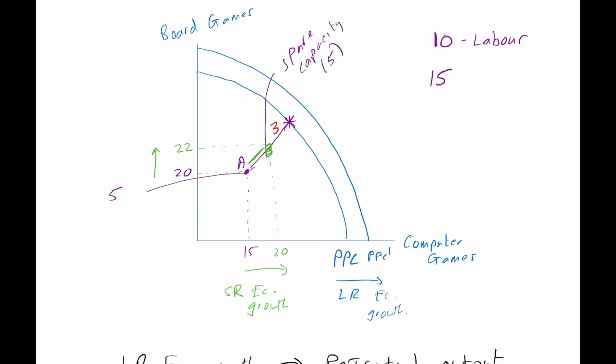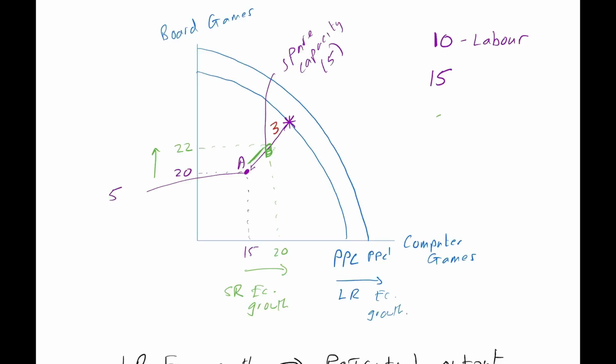Now, let's just say that these 5 people currently don't have a job. They don't have a job when they first join. Okay, so therefore, we are still at point B within the economy, with 7 people working. So we had 7 people working and 3 people spare.